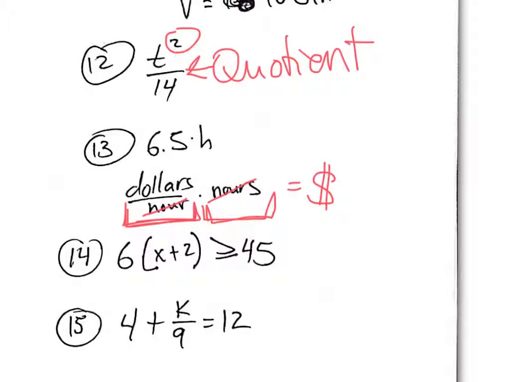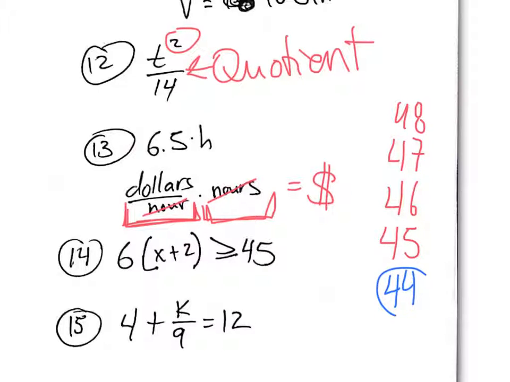Question 14 reads, the product of 6 and the quantity of 2 more than a number is at least 45. So when something is at least 45, it could be 45 or 46 or 47 or 48, but it could not be 44.